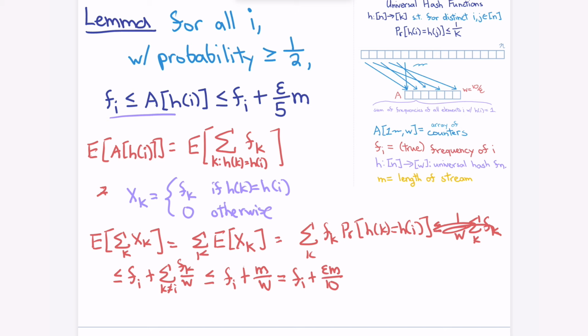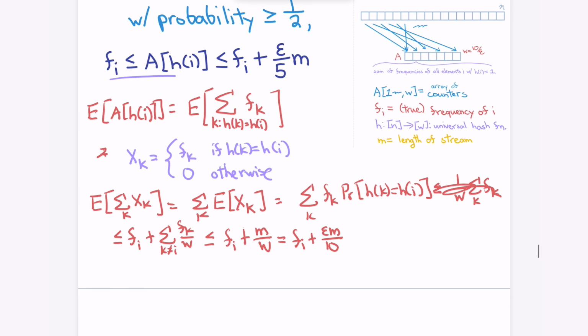But now I really want to get this probabilistic event: half the time I'm within this error, not just on average. So I'm trying to go from the average to saying some fraction of the time I get this error. We're going to use Markov's inequality to convert something about the average.